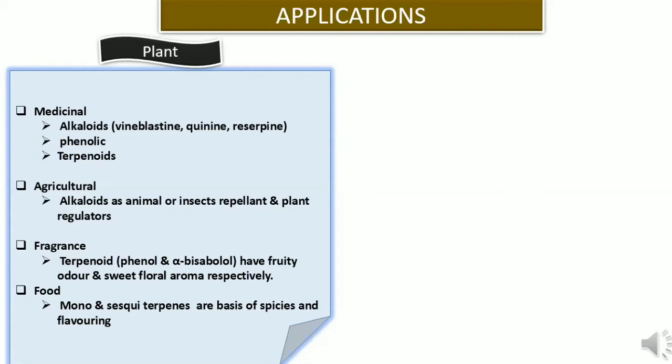Next, for fragrance purposes, examples of metabolites are terpenoids, which are phenol and alpha-bisabolol, which have a fruity odor and a sweet floral aroma respectively. Lastly, for food purposes, mono- and sesquiterpenes are the basis of spices and flavoring.